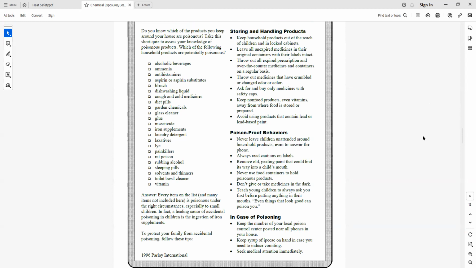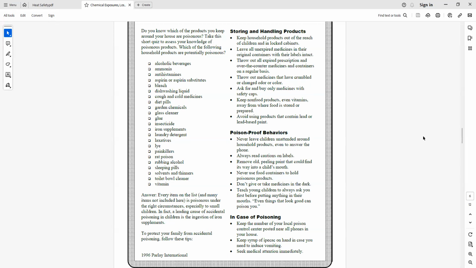Alcoholic beverages, ammonia, antihistamines, aspirin or aspirin substitutes, bleach, dishwashing liquid, cough and cold medicines, diet pills, garden chemicals, glass cleaner, glue, insecticide, iron supplements, laundry detergent, laxatives, lye, painkillers, rat poison, rubbing alcohol, sleeping pills, solvents and thinners, toilet bowl cleaner, vitamins.